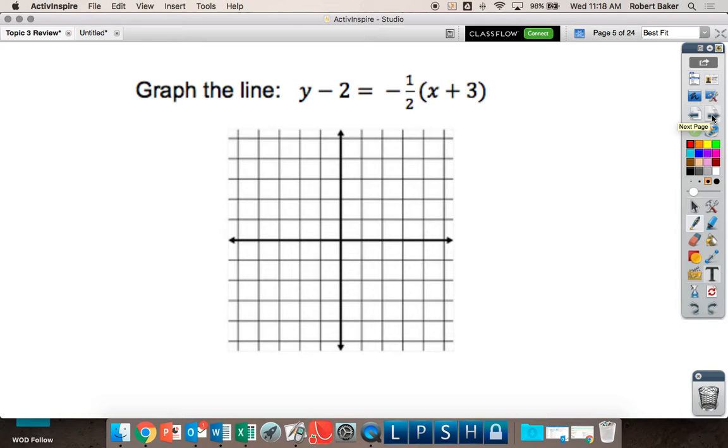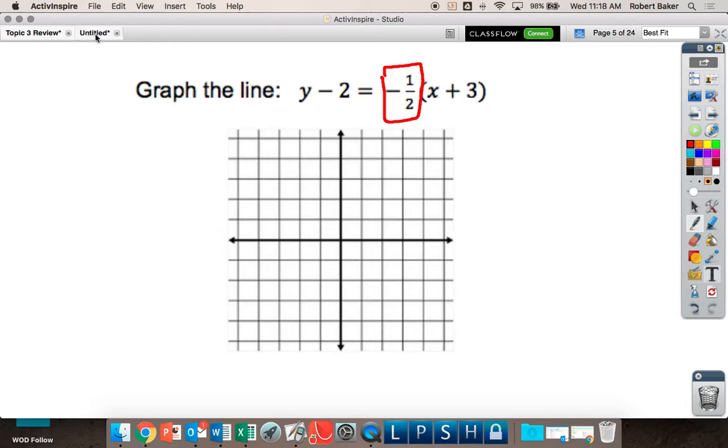This is a sneaky question because I'm not going to ask you to graph a line in point slope form. Really what I'm after is, do you know what slope is and can you identify the coordinate? Did anybody have trouble with this one? So in this one, your slope is right here.